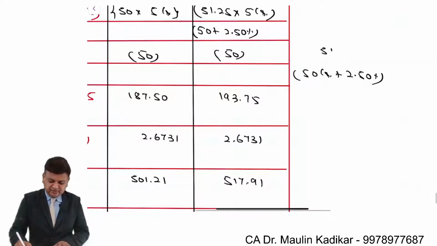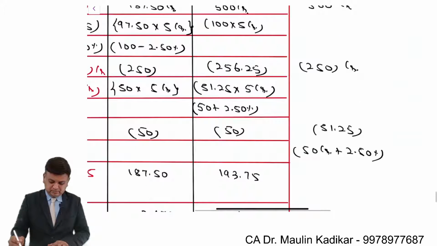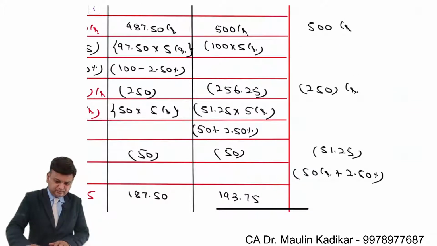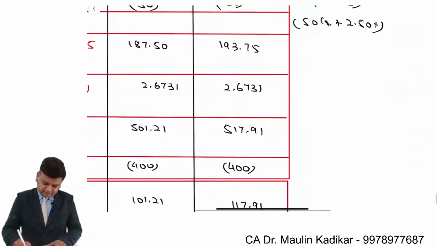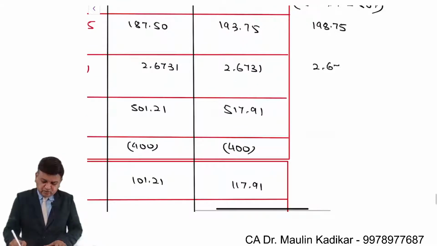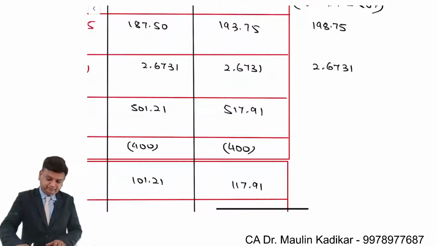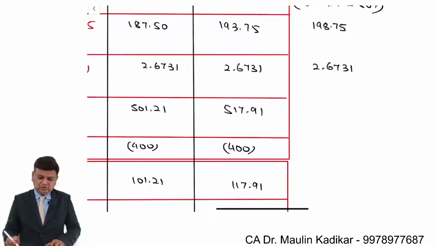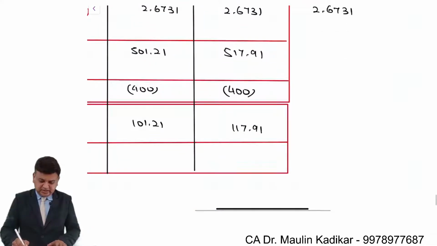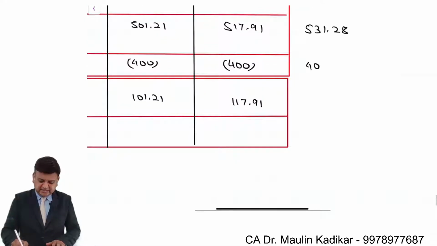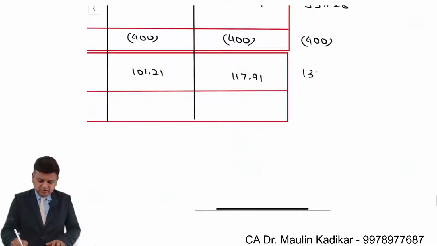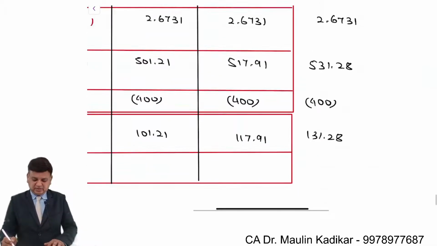So it is 51.25 crore. So it is 198.75 crore into 2.6731. So 531.28 crore minus 400. So 131.28 crore.